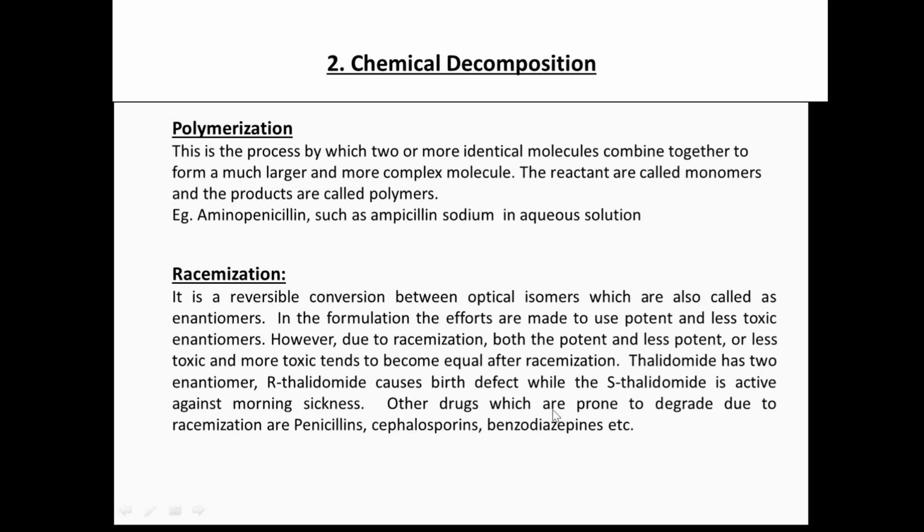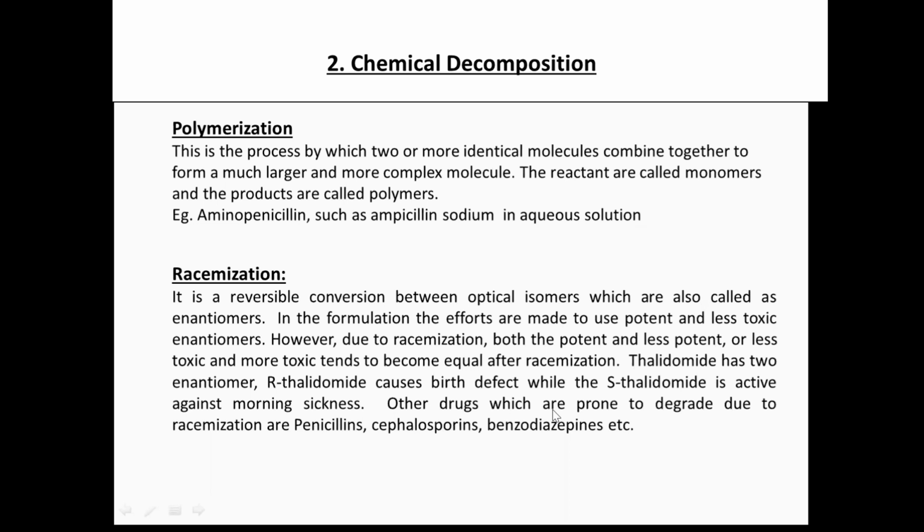First of all, we know about enantiomers. Every drug has different enantiomers. One enantiomer may be a very active form and another may be an inactive form. So while making a drug formulation, we use the active enantiomer. We try to increase the percentage of active enantiomer, like 90%, 99%.